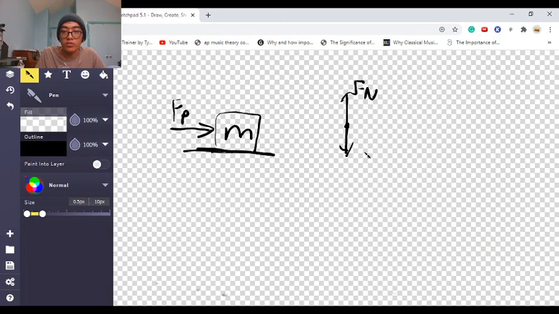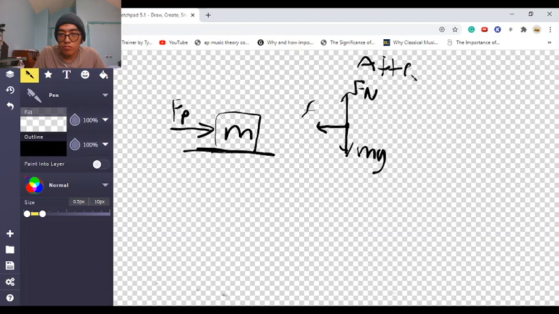The normal force equals mg, which is the gravitational force acting upon the block, and of course the frictional force, which is specifically the kinetic coefficient of friction. Yeah, there you go.